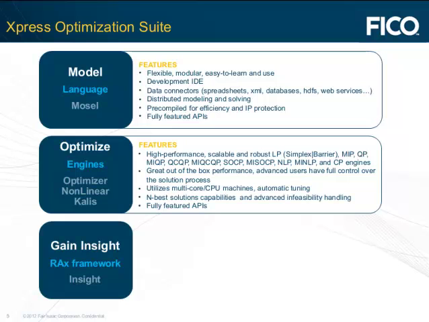Then Optimizer, it's the core of the offering. We offer high-performance solvers starting from linear programming, mixed integer programming, quadratic programming, all of the combinations you can think of, going up to mixed integer quadratically constrained quadratic programming. Again, a new addition are the second-order conic programming engines and mixed integer second-order conic programming engines, and then nonlinear programming and constraint programming.